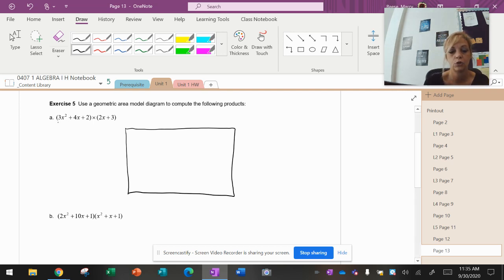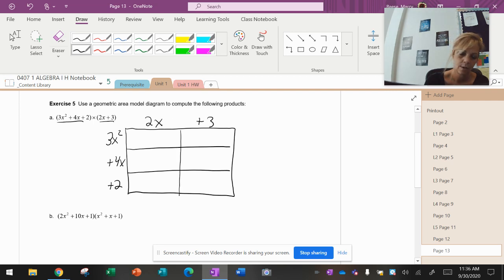So I have a trinomial times a binomial. I've got 3x squared plus 4x plus 2. So that means I have to have 3 rows, because there's 3. And then I only have 2 on the top of this one, so it's kind of long. But I'm only going to have 2 columns because I only have a binomial in the second part.